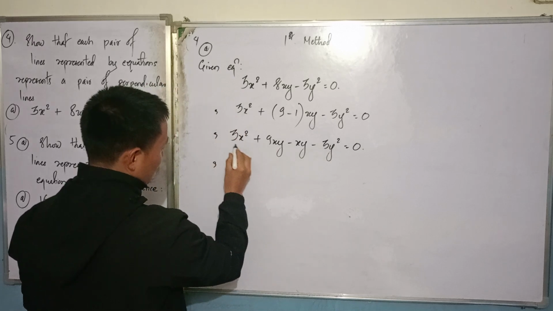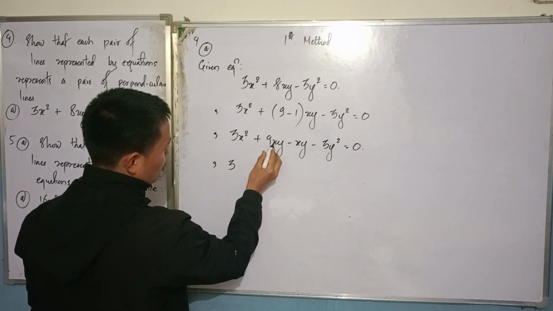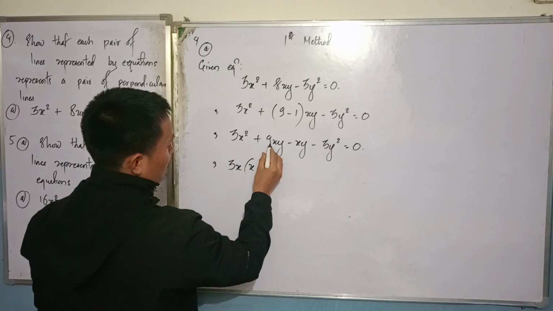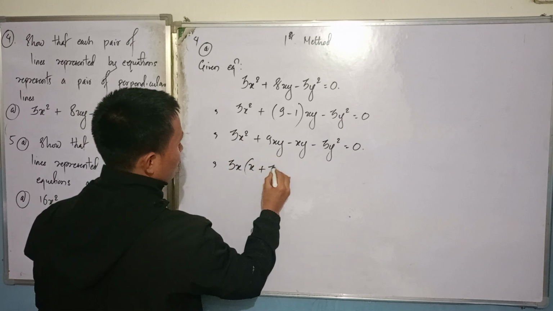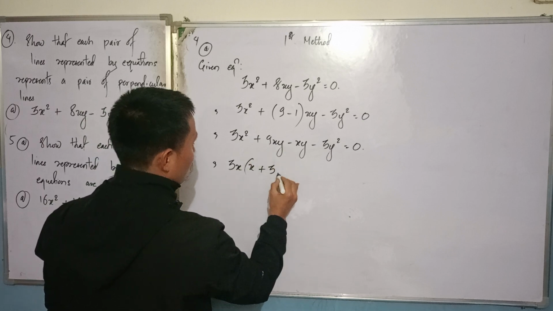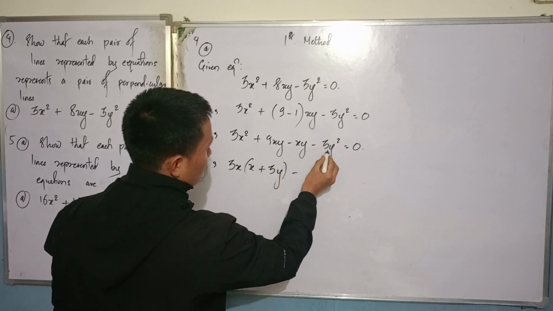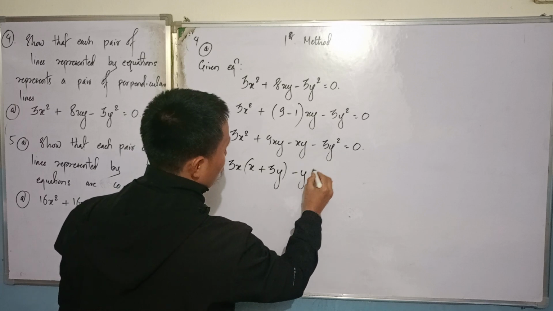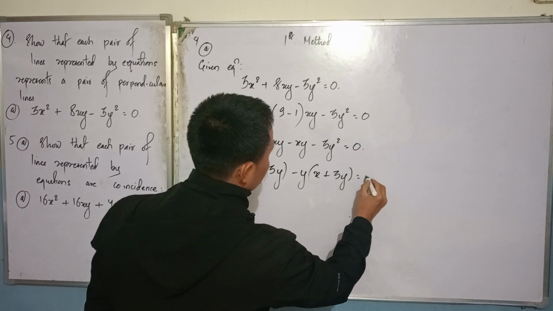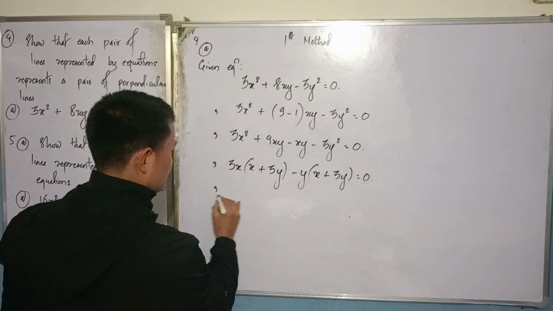Here you just take the common factors. 3 will be common, and the other will be the x variable. From 9 I have already taken the 3, only 3 remaining here, x already gone. Now y remaining. Here you just take minus y common, and x plus 3y is equal to 0.